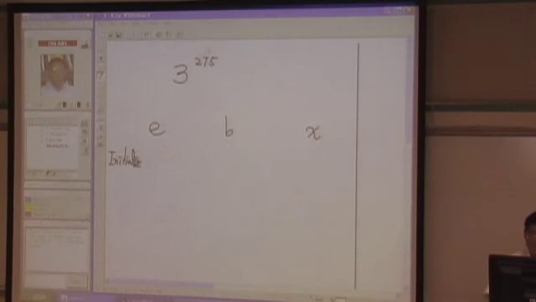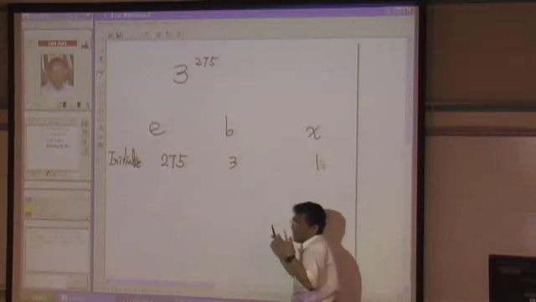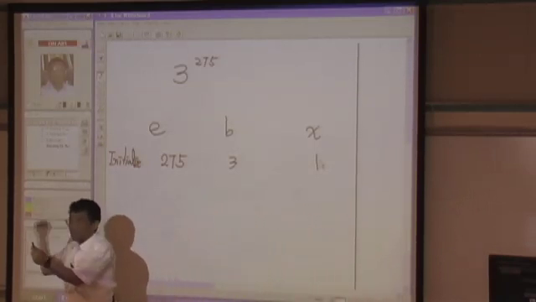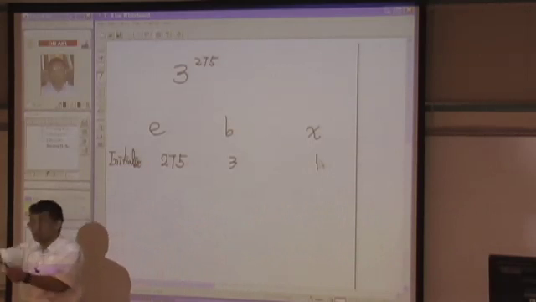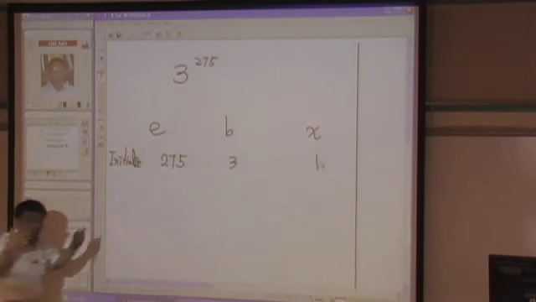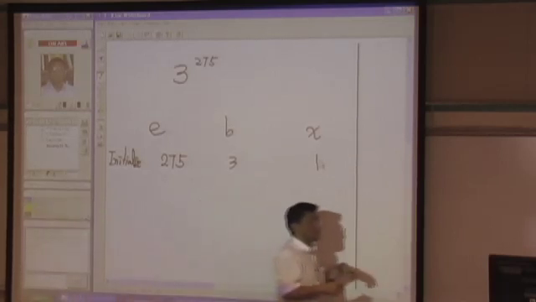Initialization step gives us this value. Exponent is given, base is given. X is the default number 1 because we will multiply to this number. Then what is the number that you should begin with? You multiply to 1. Any number can be multiplied to 1 and it will begin to change. So this is the initialization step. Any questions?